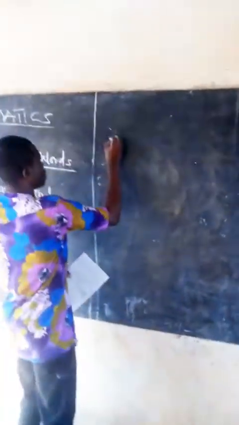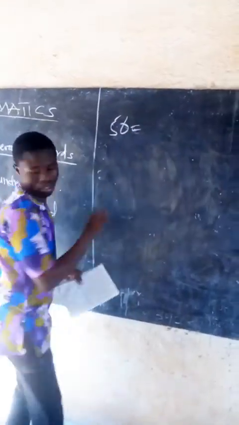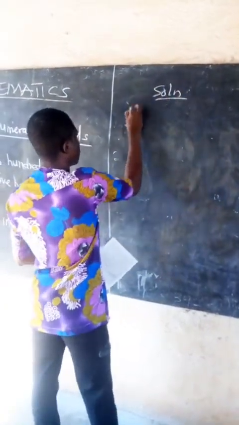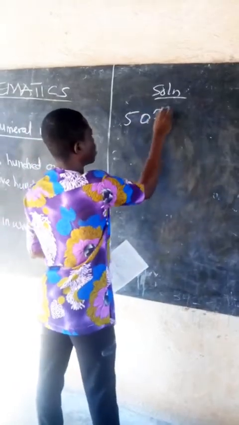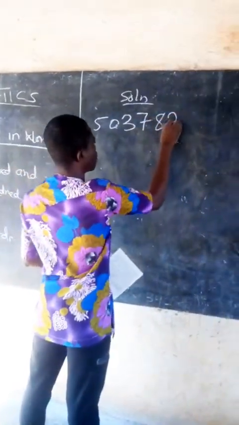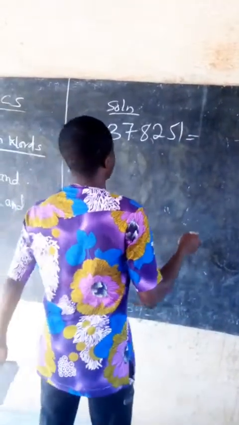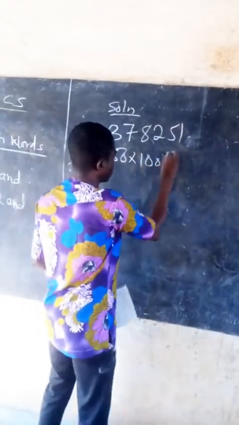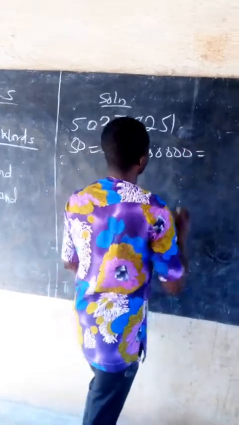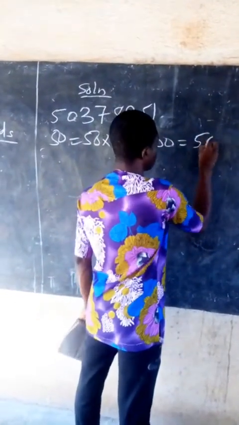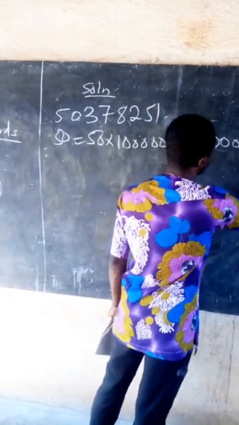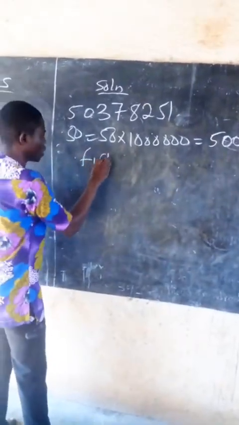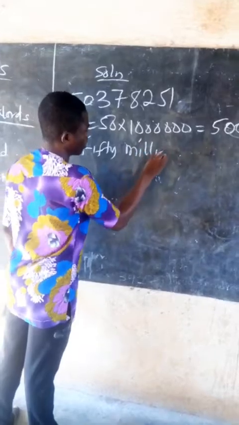Let me write the solution. Therefore, 50 is in millions. 50 times 1 million is equal to 50 million. In words, 50 million.